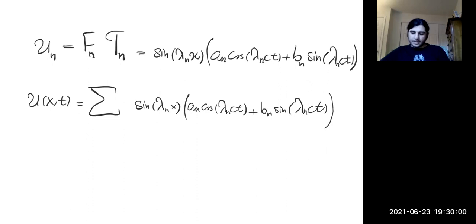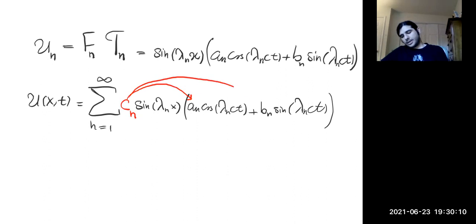Note that for this linear combination, there is no reason to add extra coefficients here because this coefficient can be absorbed into an and bn. So there is really no need to add extra coefficients here. Now, the only things which I don't know in this solution are an and bn.